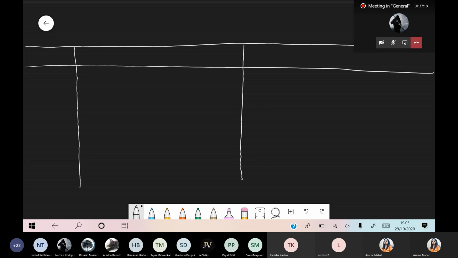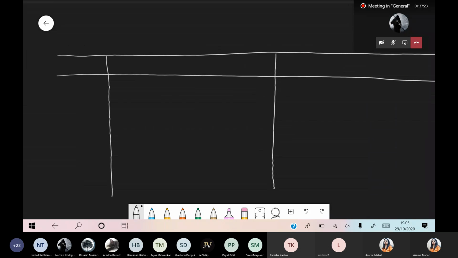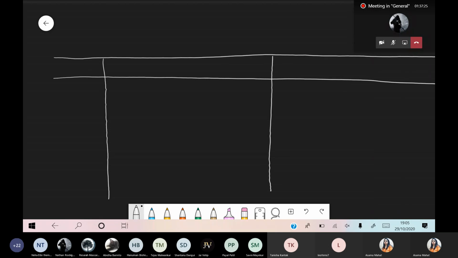Okay. First column should be small. Second and the third quite larger. Here we are talking about crop name. Now here we are talking about variety name. And finally we are talking about their activity. Means resistance to what?